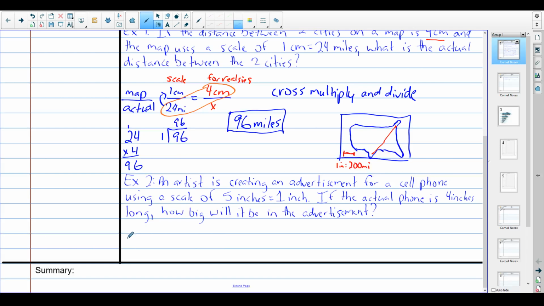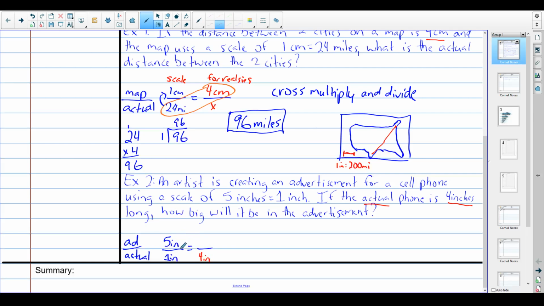So we can call this one our advertisement on top over actual. And this time every 5 inches in the ad is 1 inch of actual phone, and that equals, this time it tells us the actual, so not the scale but the original amount, 4 inches, so we put that on the bottom.